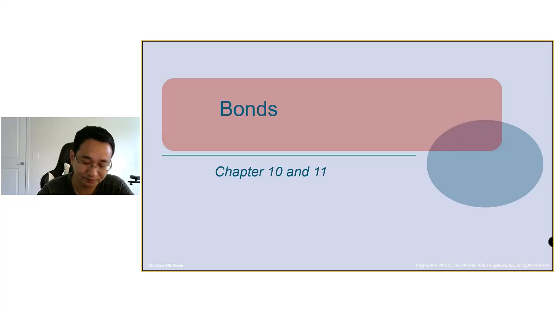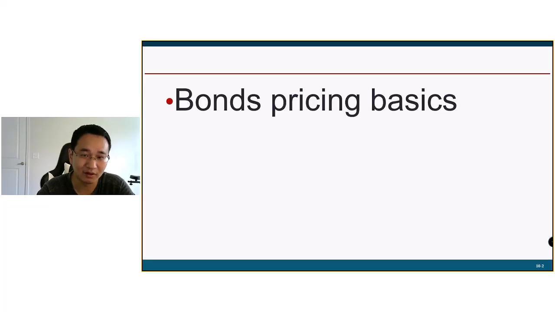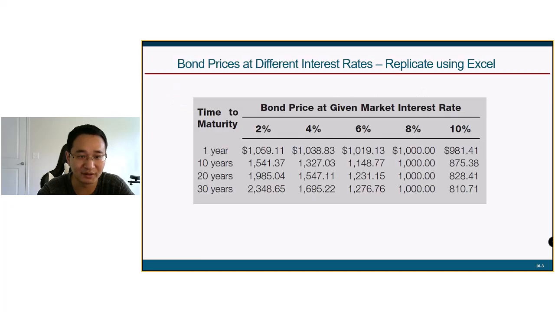concepts. Okay. So let's talk about bond pricing basics. So this is a bond. So first, this is an 8% coupon bond. Okay, so that's why this is the par value.